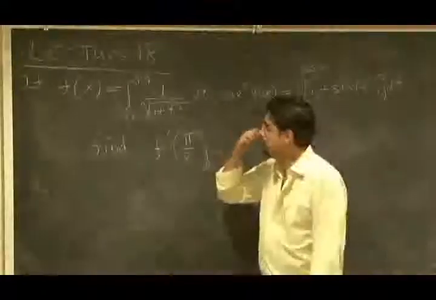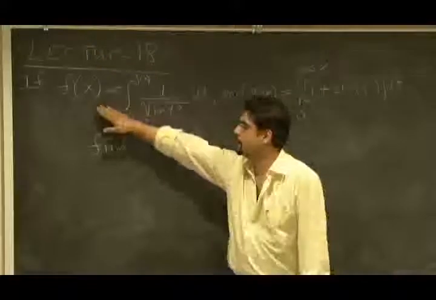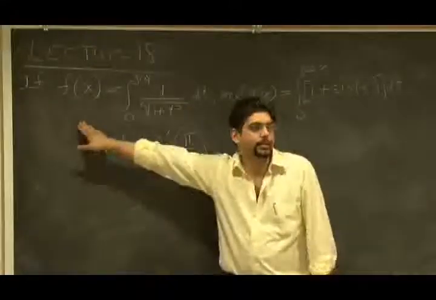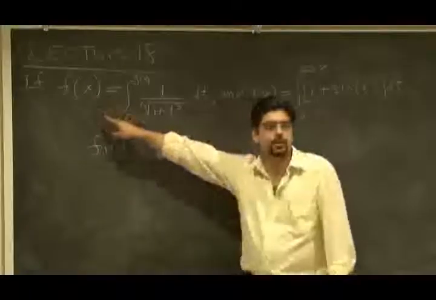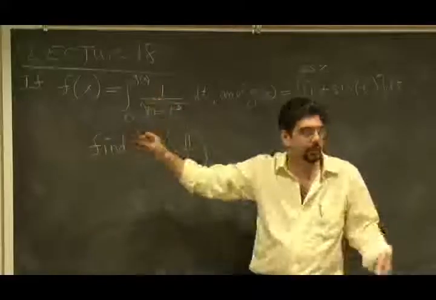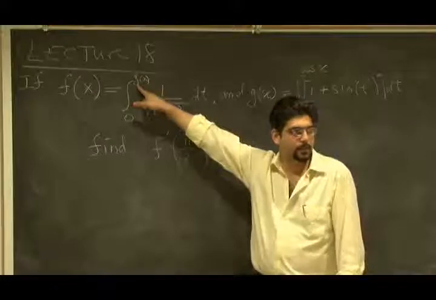Now, let's just take a look at f for a minute. This is f, and we can find f prime using the fundamental theorem, right? But notice that f is a composite function. It's an integral for its outer function, and the inner function is g, right? Does that make sense?